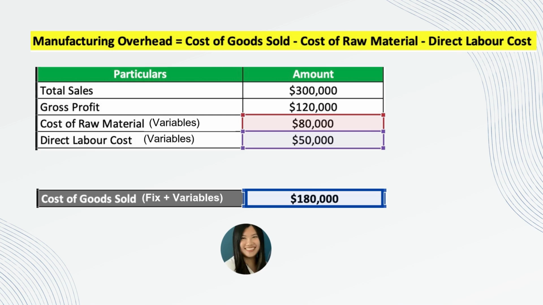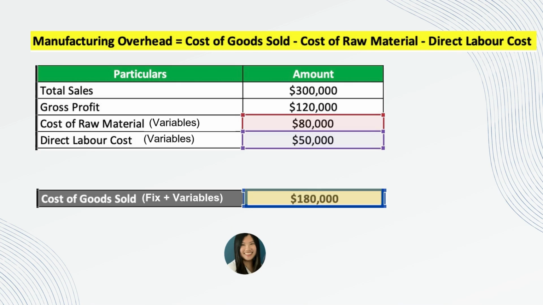How do you calculate manufacturing overhead? Well, that is the cost of goods sold minus the cost of raw materials minus direct labor costs. First, let's find the cost of goods sold, and that will be $180,000. Now, let's look for the cost of raw materials, and that will be $80,000.